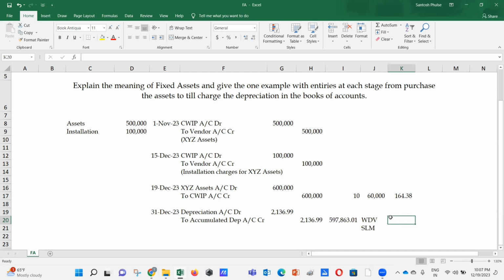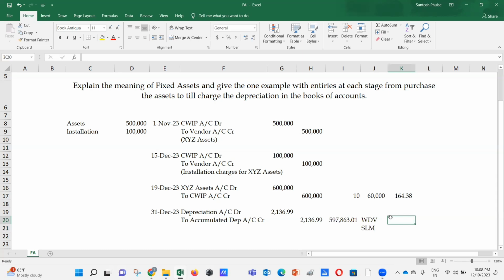My question is about hybrid, so mixed. Okay, this 5 lakh, from where will we get that? For January we have to pass the entry for depreciation on this 5,97,000. So from where will we get this amount? Do we have to check the ledger, or make a note of it?